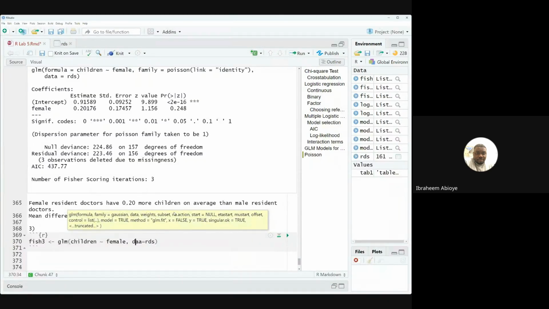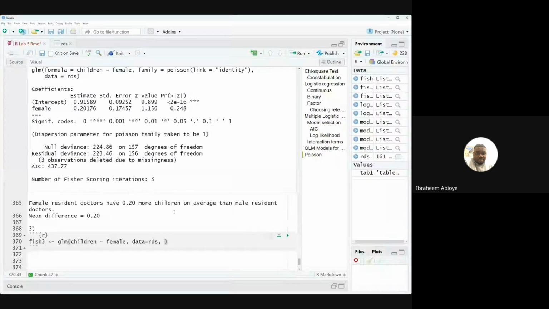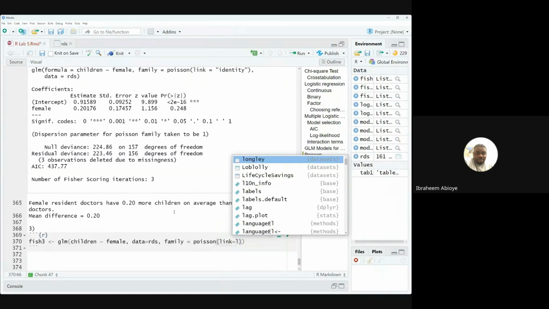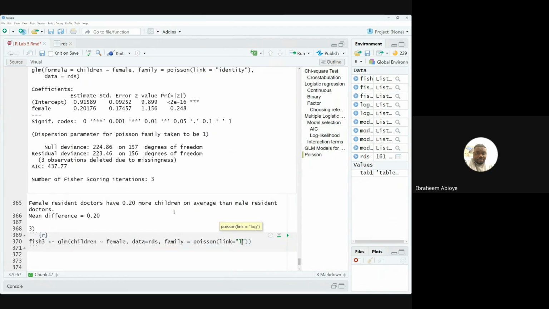And then we have the family. This is where all the drama is: Poisson. And the link here is log. Fish 3 summary. So that's the summary statement.